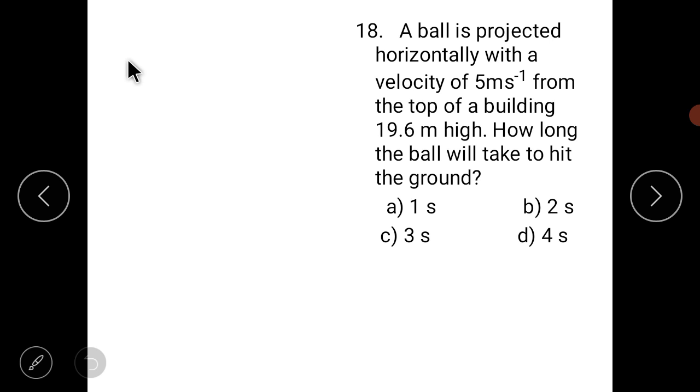Easily we can calculate by using the relation S equal to ut plus half a t square.